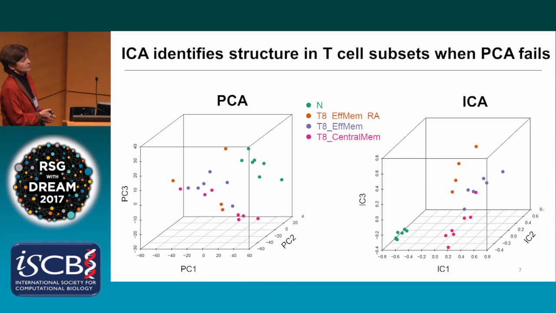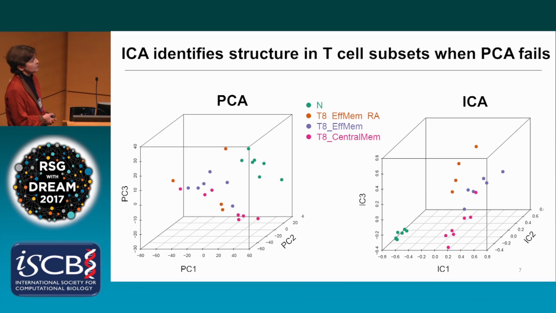This data has about 20 samples, umbilical stem cells, in different stages of differentiation for CD8 T cells. And we have 4 categories: naive and central memory, and 2 subcategories of effector memory.